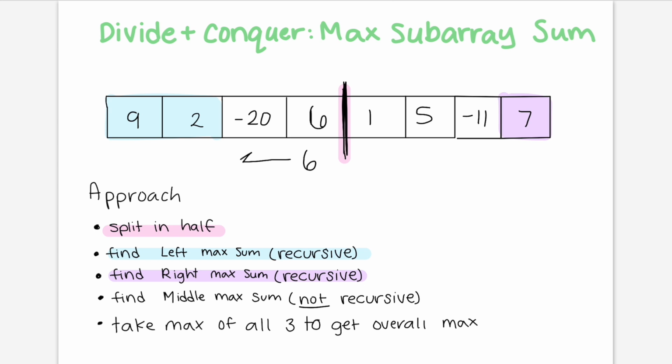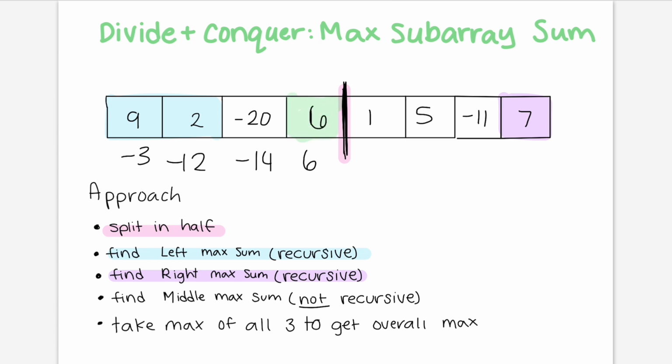Now if I keep moving away from the middle point, 6 minus 20, that's negative 14. And then if I move one more time, that is negative 12, and then this is, what is this? Negative 3. So our maximum left-hand subarray is just going to be 6, starting from the middle point.